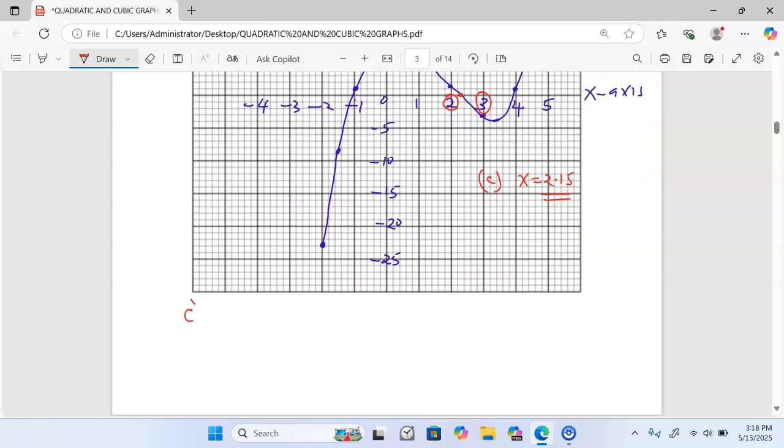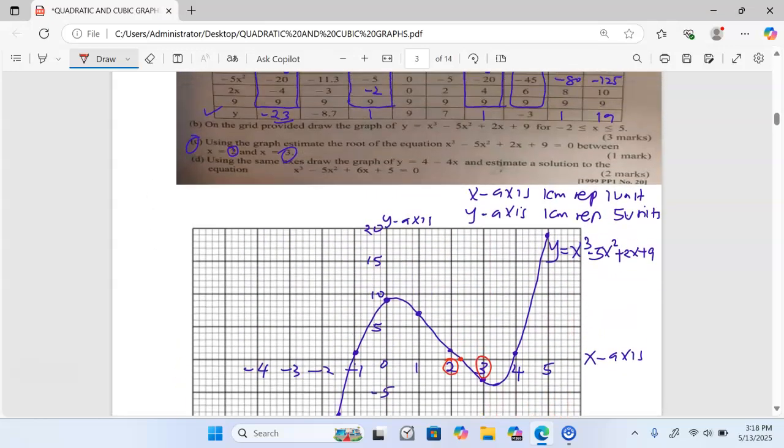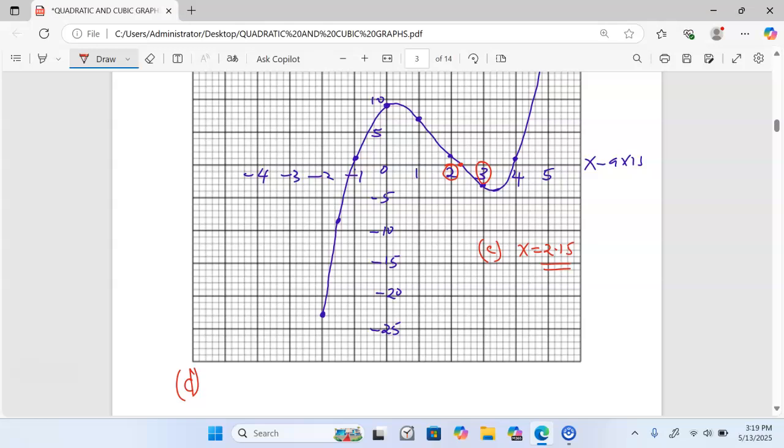We go to part D. In part D, we are told, using the same axis, draw the graph of y equals 4 minus 4x and estimate a solution to this particular curve. Remember, it is the main curve, subtract this one, that you are going to get y equals 4.